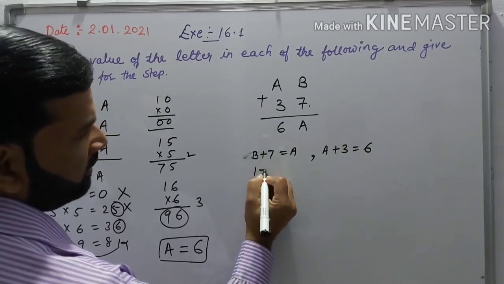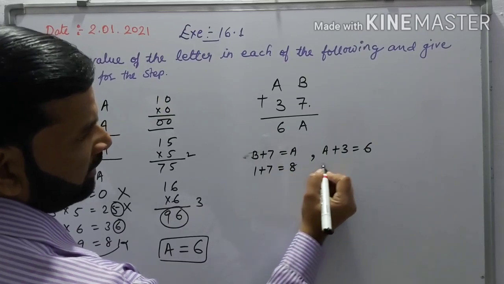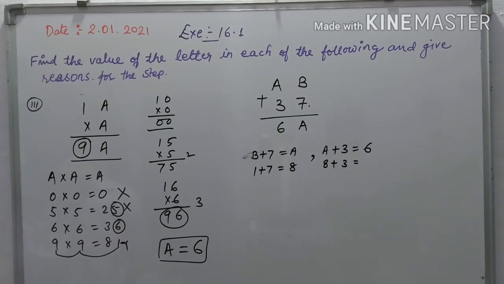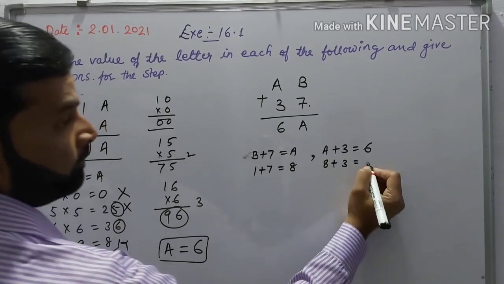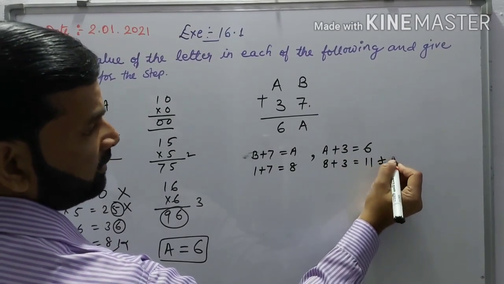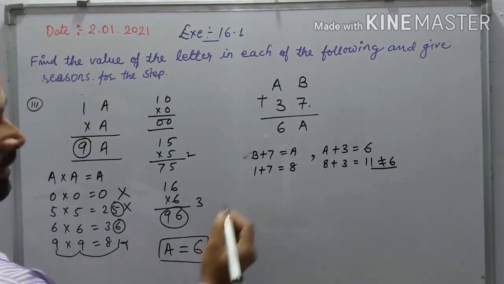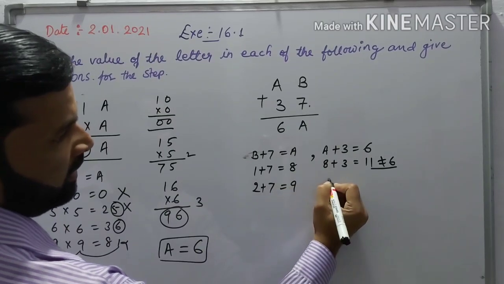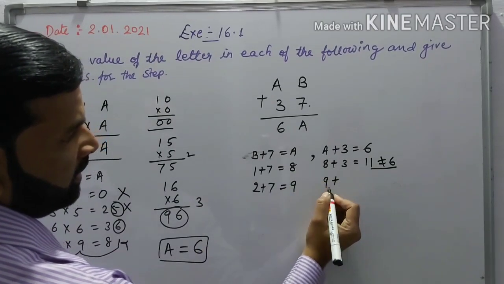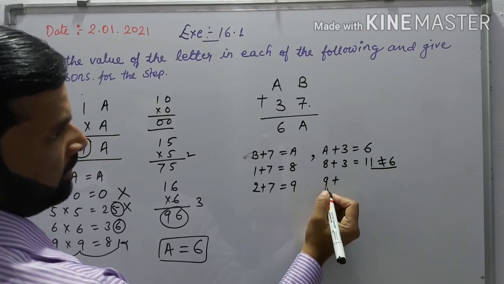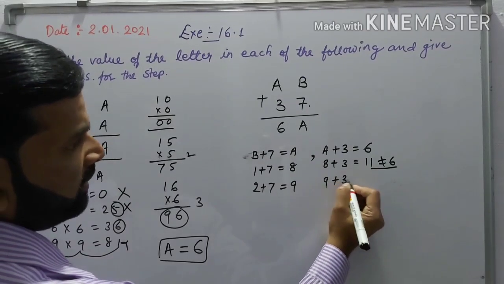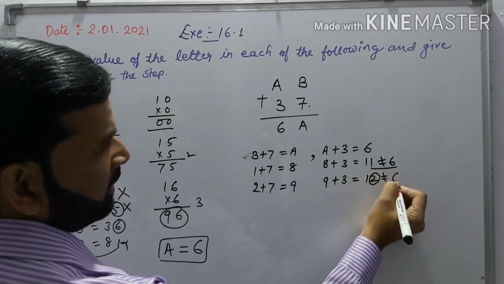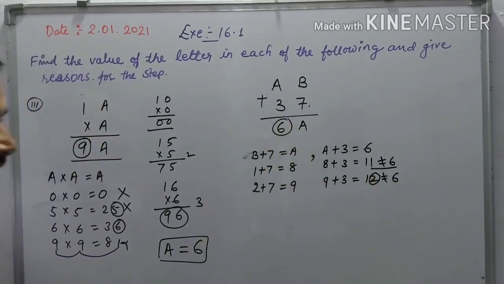Suppose you write the value 1 plus 7 is equal to 8 and 8 plus 3 is equal to 11. Is 11 not equal to 6? Here 2 plus 7 is equal to 9. Here 9 plus 3 is equal to 12, but 12 is not equal to 6 because 6 is the second unit.